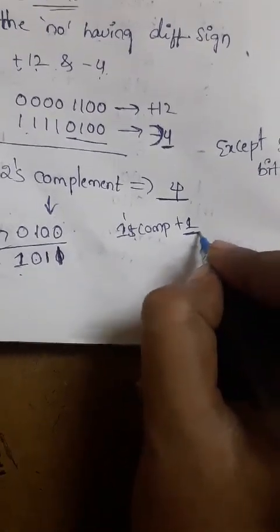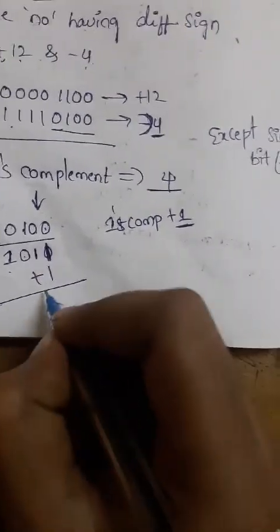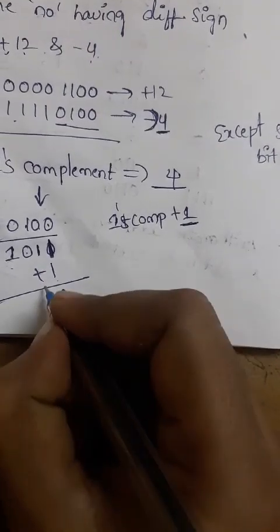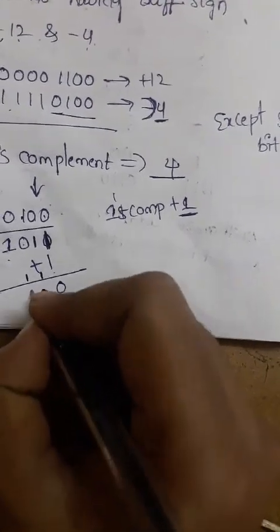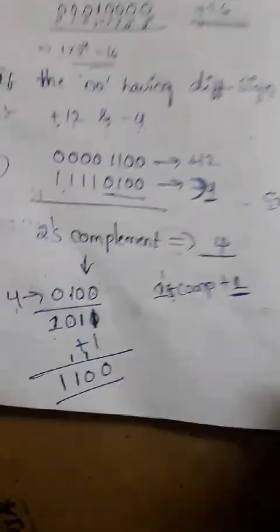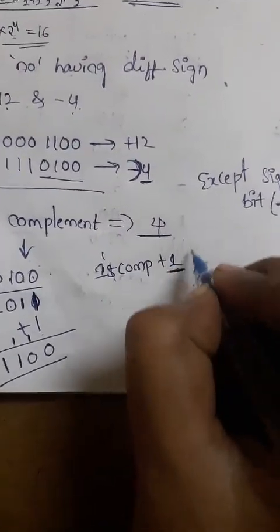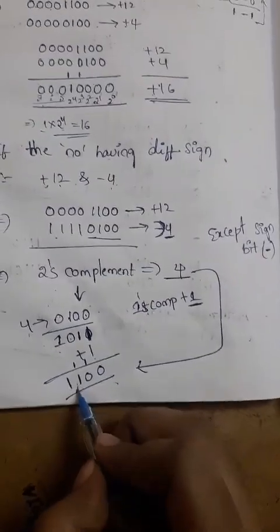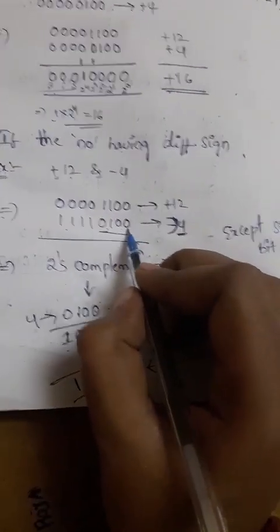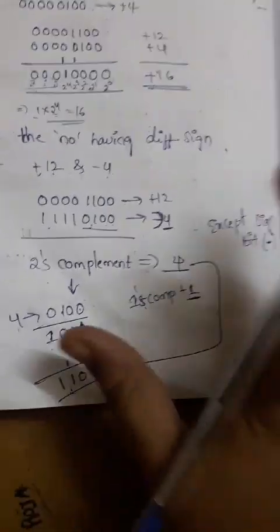After that, we add 1 to that result. 1 plus 1 is 0 with a carry 1, 1 plus 1 is 0 with a carry 1, 0 plus 1 is 1, and we get 1100. So the 2's complement of 4 is 1100. Now this number will be replaced in place of 0100, and then we add the two numbers.